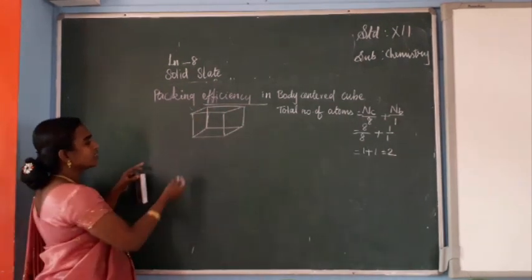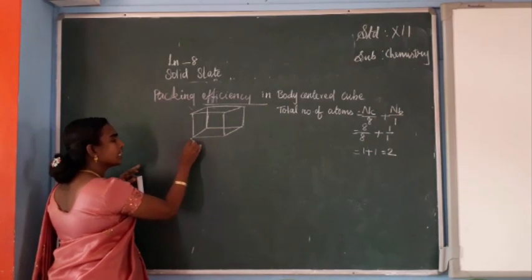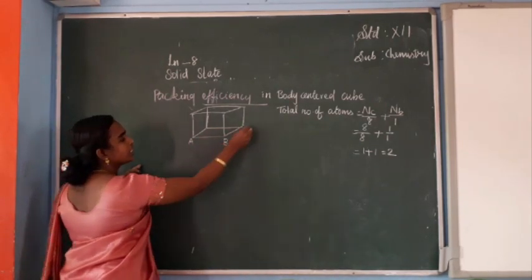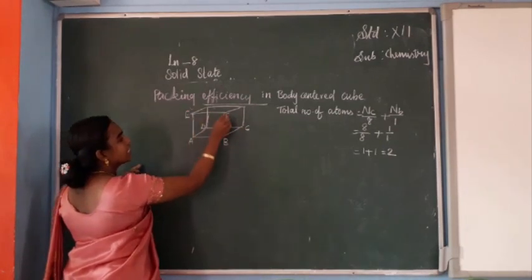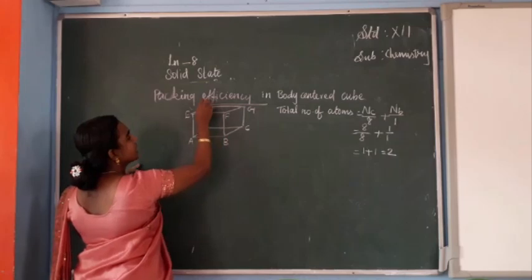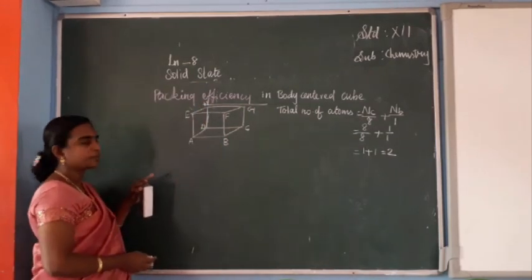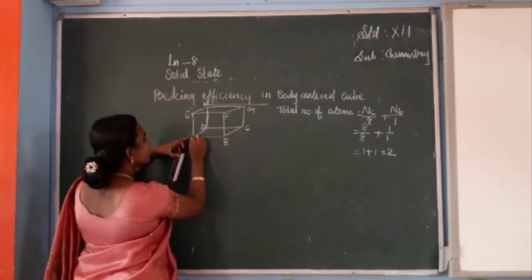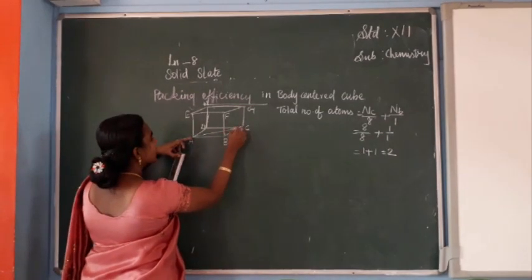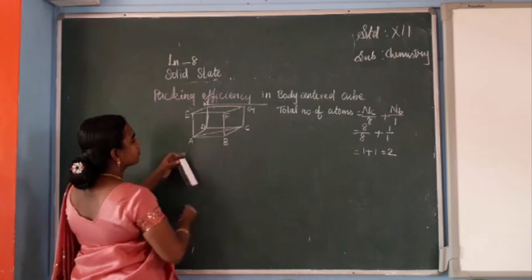Consider here A, B, C, D, E, F, G. Next, this will be taken as triangle ABC.